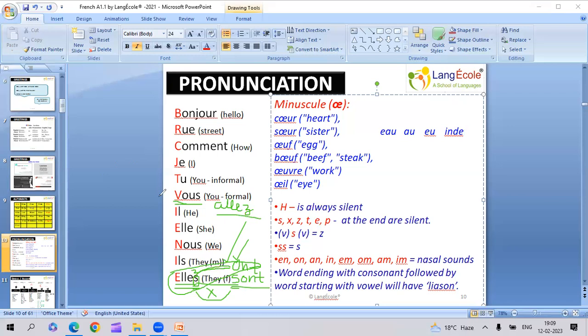These are all subjects, like vous is you, elle is she, feminine, and these are verbs basically. You will learn verb conjugation later on. This verb means to be, this verb means to have, and this verb is to go. So vous, and then this is starting with a vowel. How will you pronounce it now?